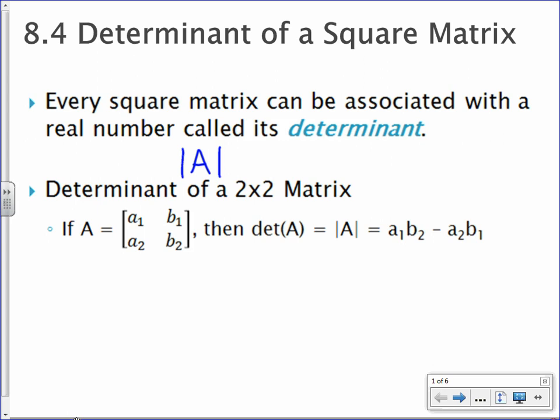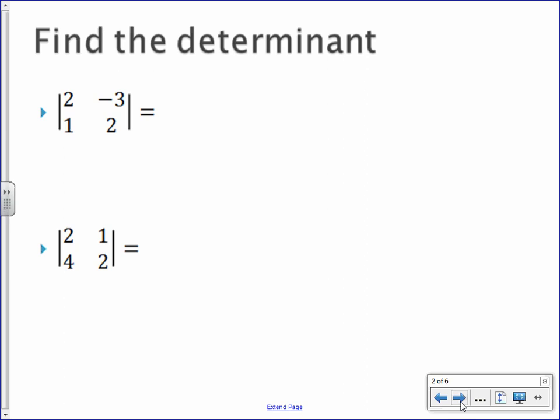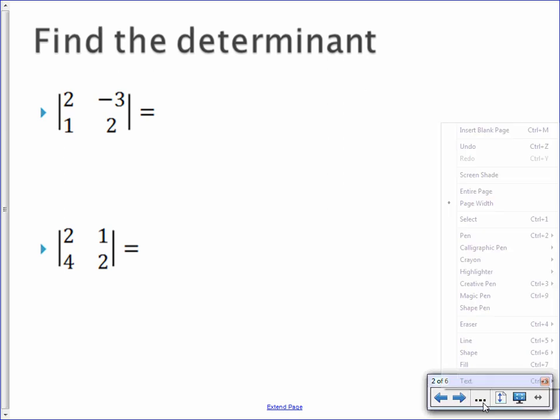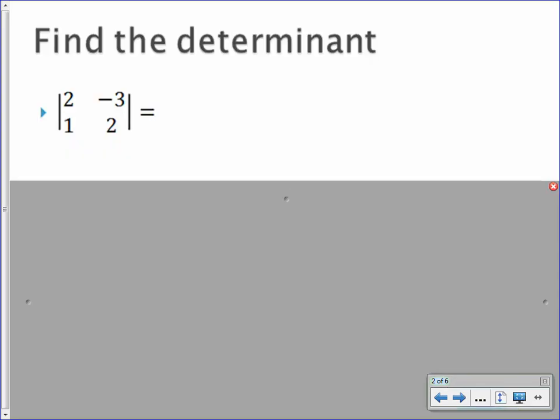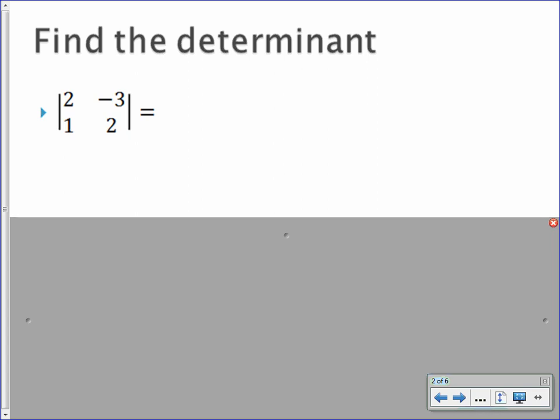Ready to practice? First of all, I want you to notice how in this matrix, I don't have the brackets, I have just the up and down bars. When that happens, what does that mean? We're finding the determinant. Sometimes we'll be given a matrix, and if it's just the absolute value bars instead of the brackets, that means find the determinant.